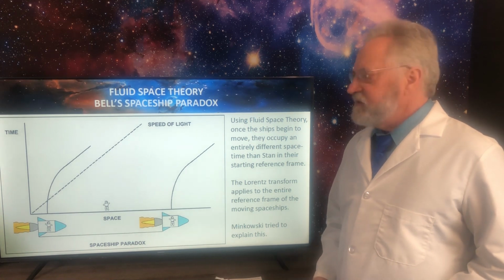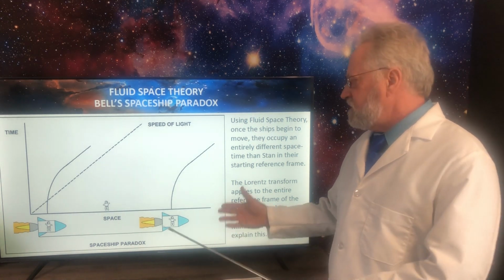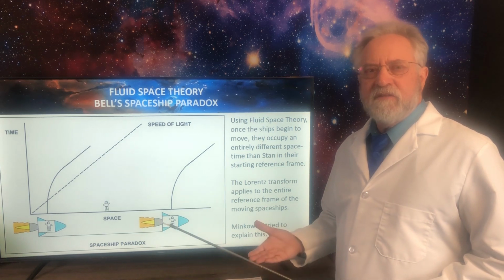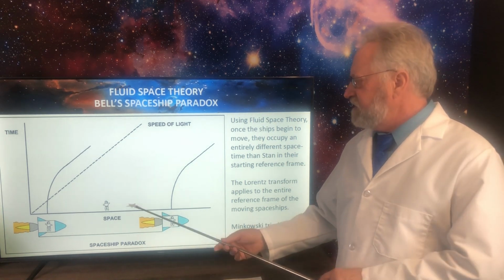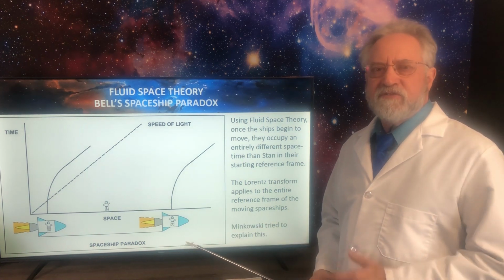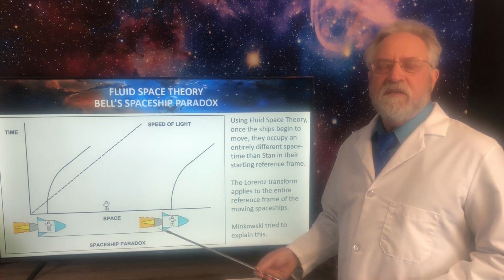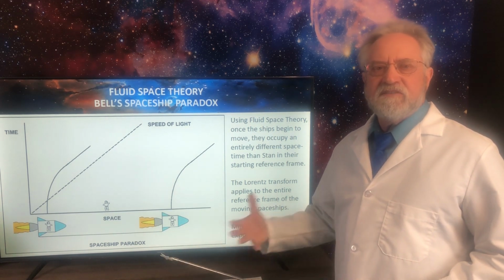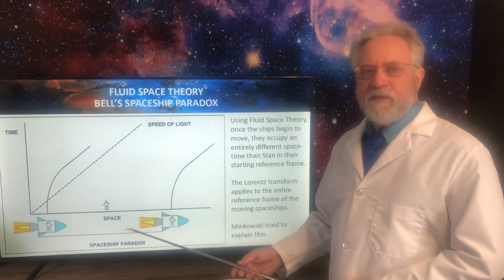Using fluid space theory, we would say that once the two spaceships begin to move, they are in a different level of space-time. They do not share the same space-time as Stan the observer, who is at rest, and his reference frame is no longer valid in saying what's going on with respect to the ships.